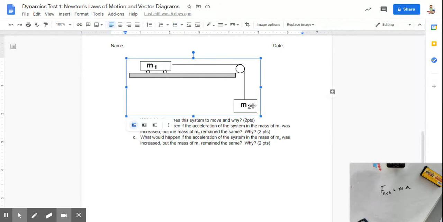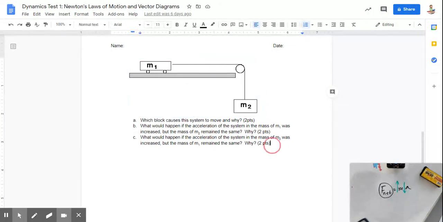M2 is what's creating the force, so the force stays the same. The overall mass of the system is going to increase, which means to balance that increase out, we're going to have to decrease our acceleration. Also, think about it. You have the same force pulling a heavier mass. You've increased the inertia of M1. It's going to be harder to move, so you're going to get less acceleration.